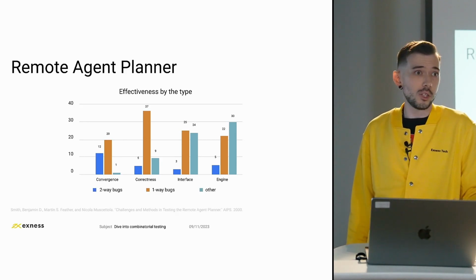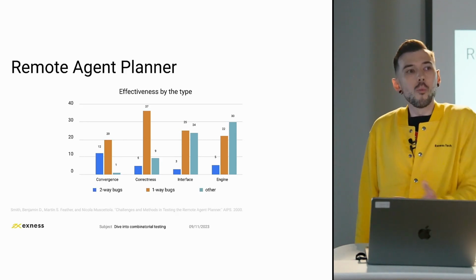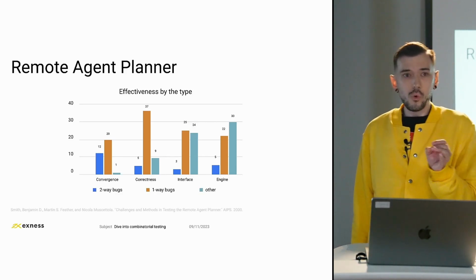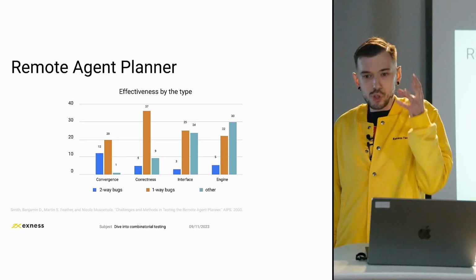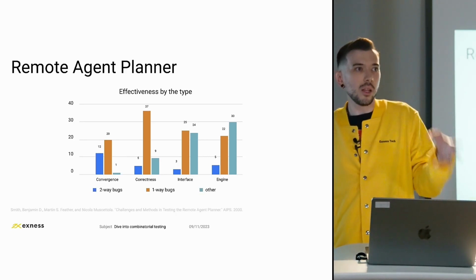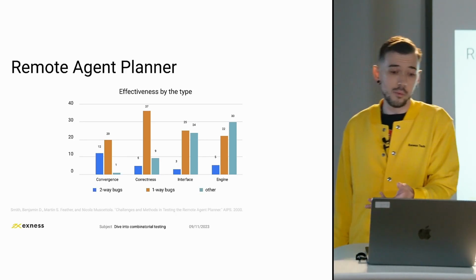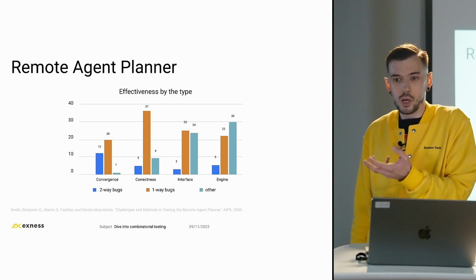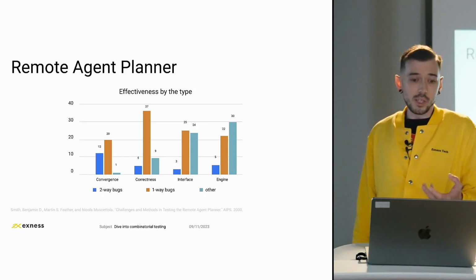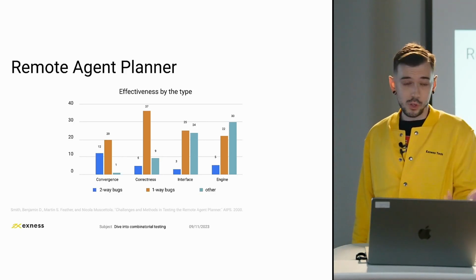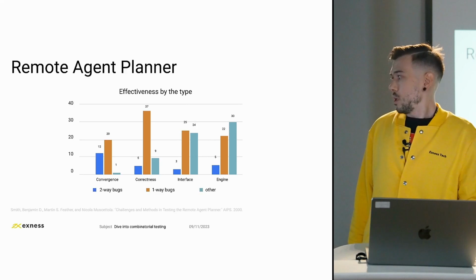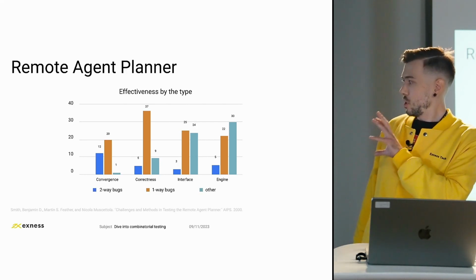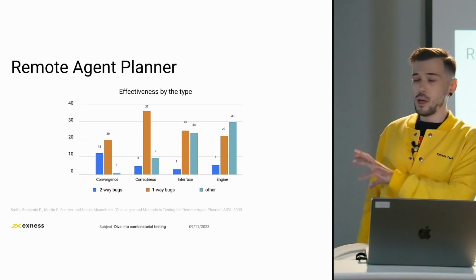These are caused by just logic problems, and there are more one-way bugs than two-way bugs. What we see here is that you still need to think a lot about the logic behind the scenes. You still need to think about how to cover your flows. But at the same time, pairwise can help you with combinatorial issues. But in the interface and engine parts, you see we have light blue columns, and they are pretty huge.